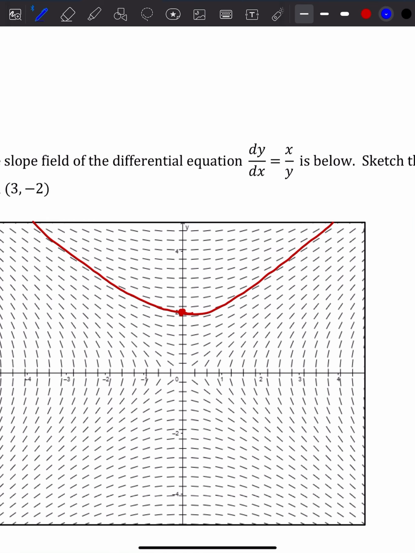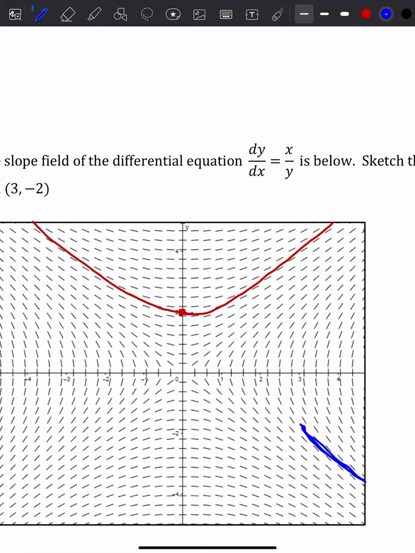Our other one at the point (3, -2) is going to be about here, and I'm going to do the same thing. I'm going to follow my solution curve this way. This is an exception to our function where we talk about the vertical line test.